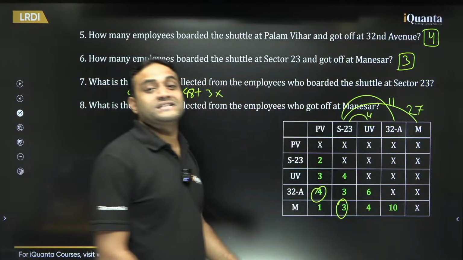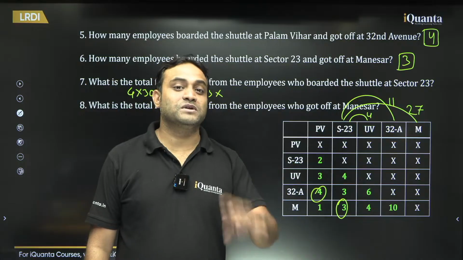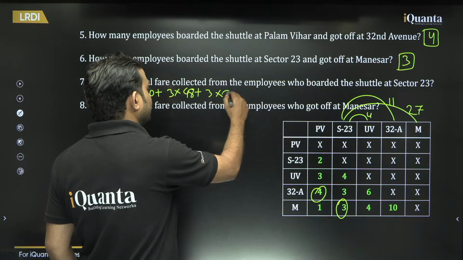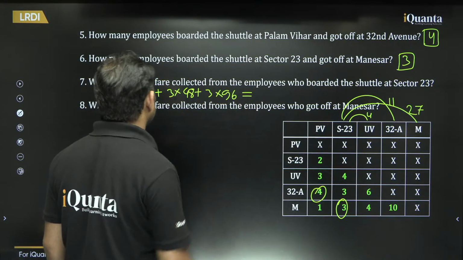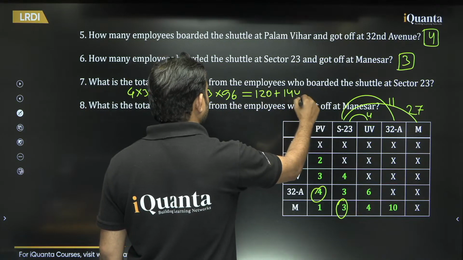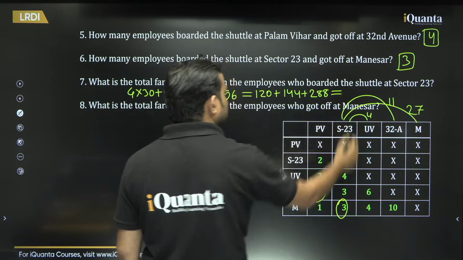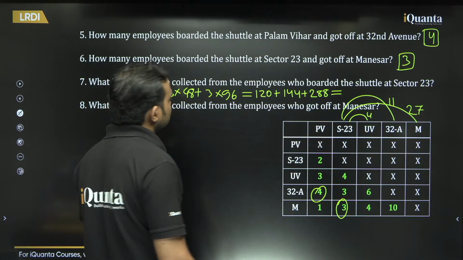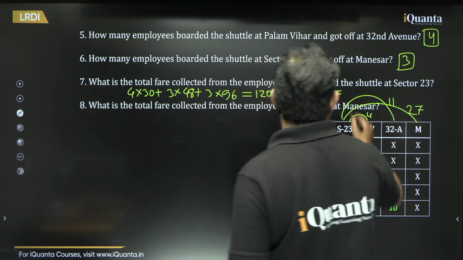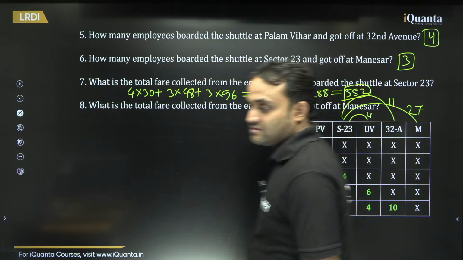So 27 minus 5, 22 into 3, 66 rupees extra plus 30, 96. So this will be equal to 120 plus 144 plus 288. So 432, 552. That is our answer.